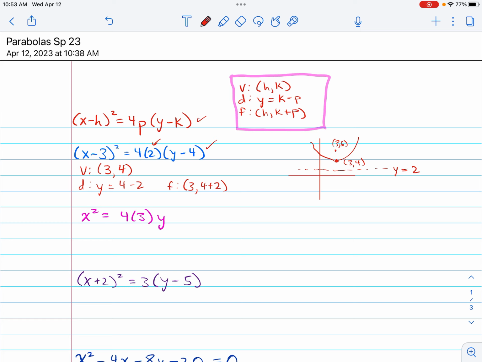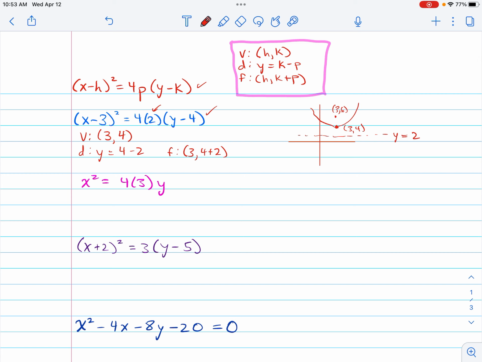Now, down here, for this next one, it's a little bit different because if we want the vertex, there's nothing in there with the x, so we just have 0. There's nothing in there with the y, so it's 0. So this one has a vertex of (0, 0). The directrix is going to be y equals -3. See, here's the p.